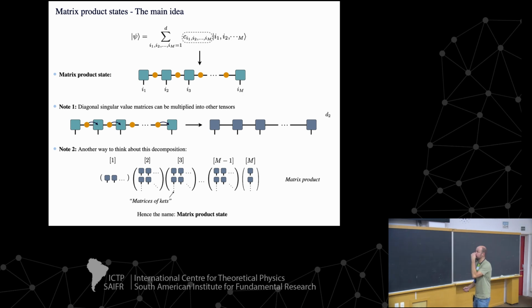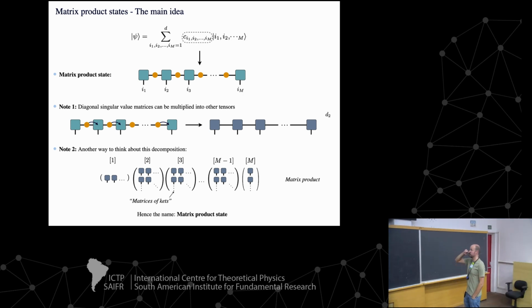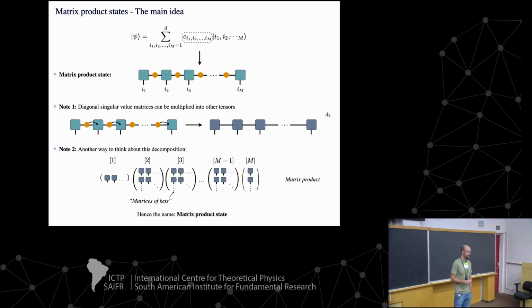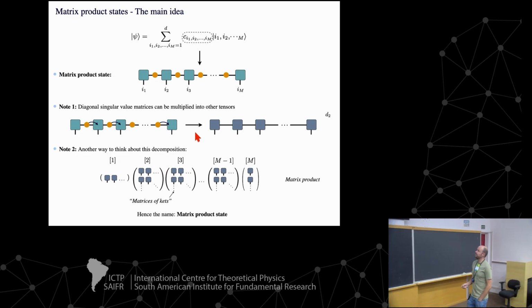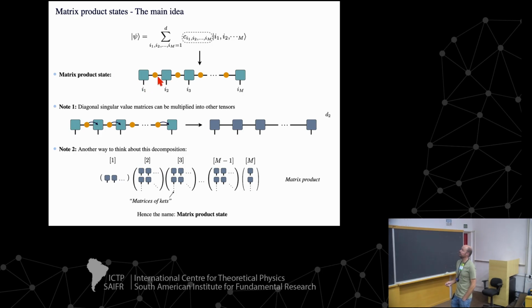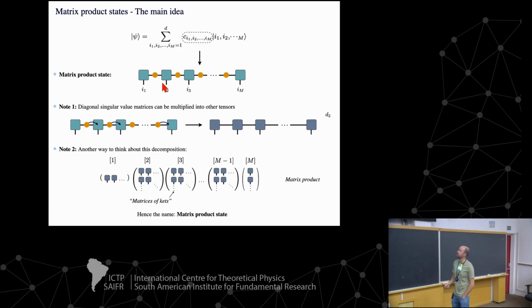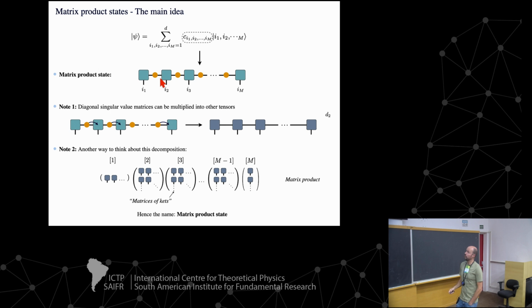All right, good. A few other comments I wanted to make. If you look at the literature, there are many other ways of defining MPS. Here, the way that I did it, I kept these singular values explicitly in my MPS. This is also called the gamma-lambda form, because these tensors here are usually called capital gamma, and these ones here are called lambda. But of course, one can also just multiply these singular values either into that tensor or into that tensor to write it in a cleaner form.